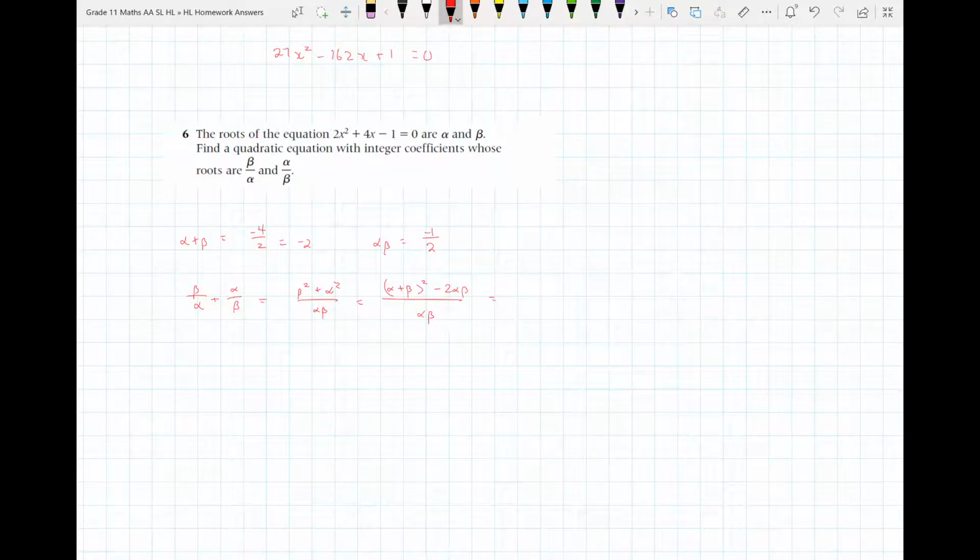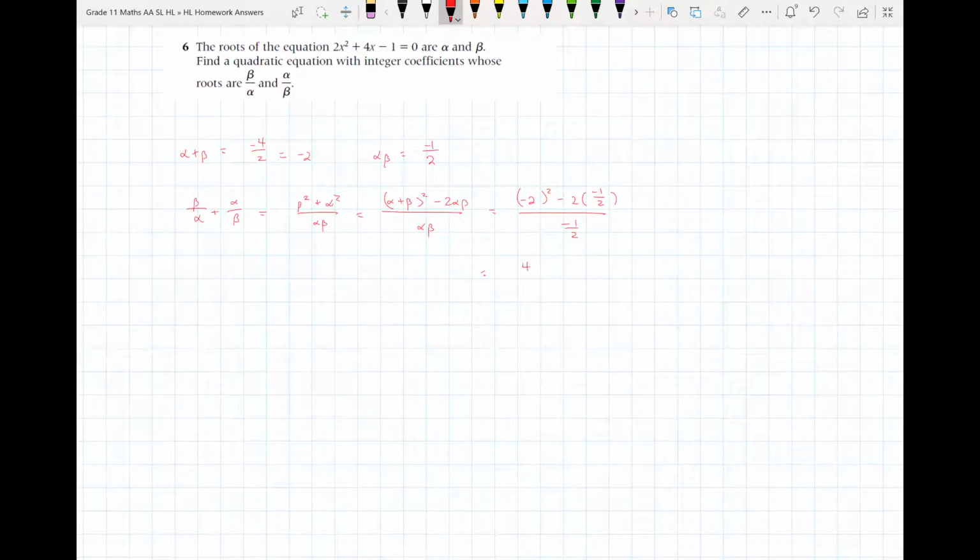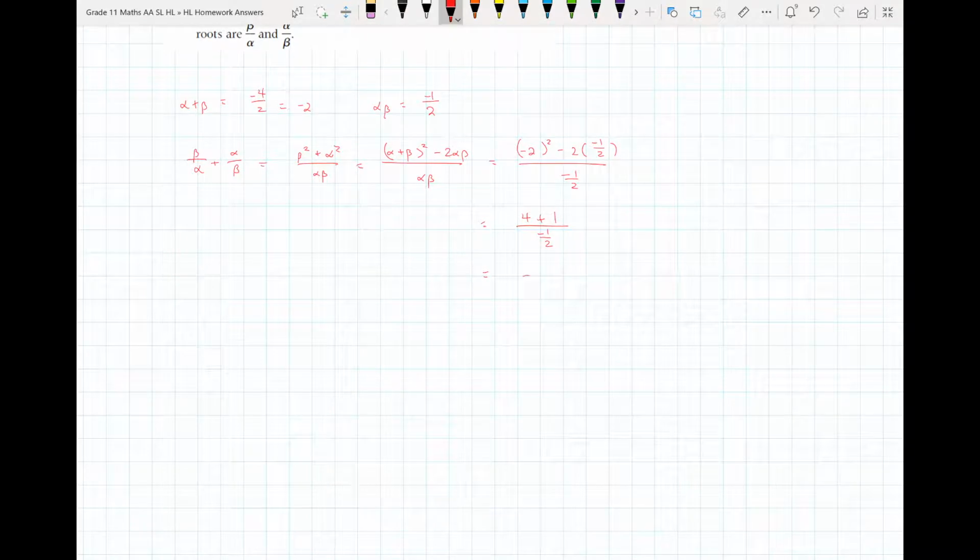And then we can substitute. This is -1/2, right? Okay, we gotta be a bit careful here. -2 times 1/2 should be a 1 here. And then divided by -1/2 is the same as multiplied by -2. So this should be -10. Okay, just a bit of a fraction manipulation there.